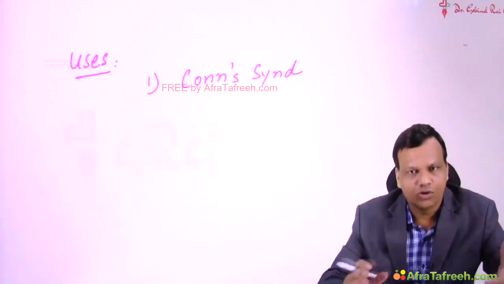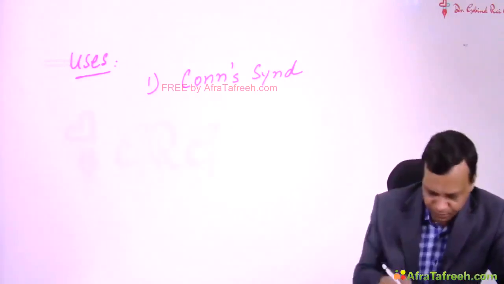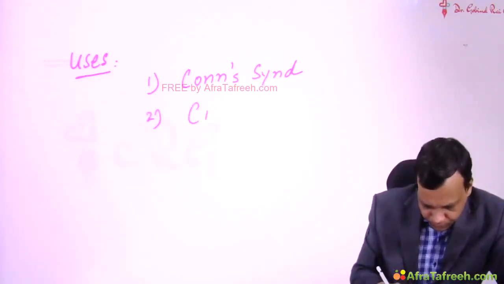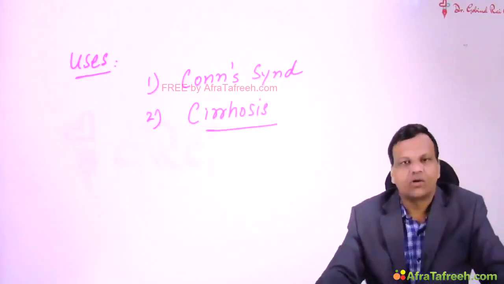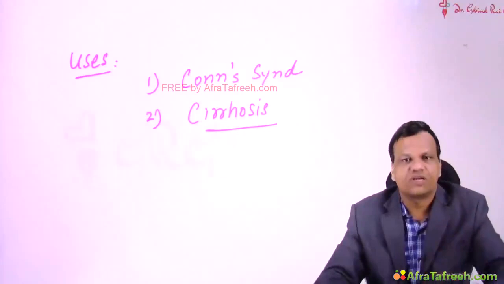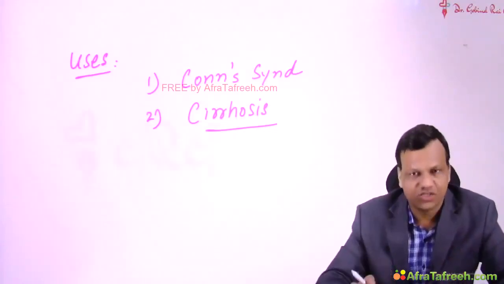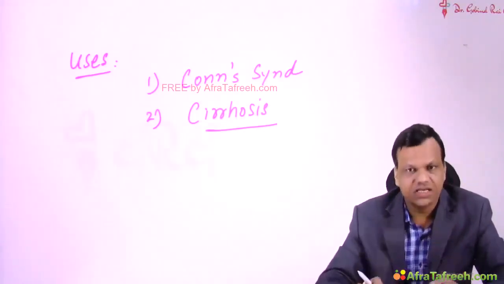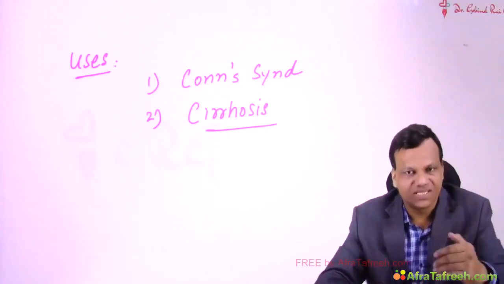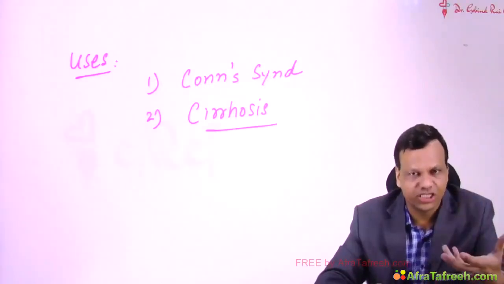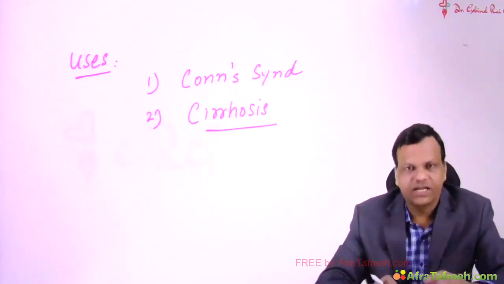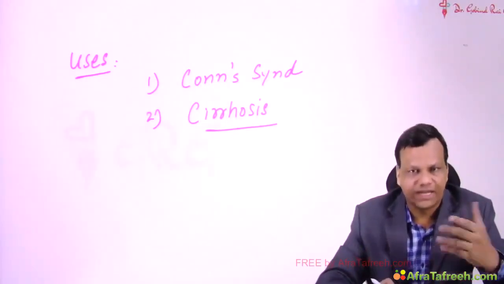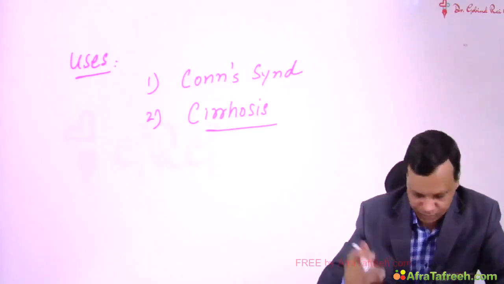So Conn syndrome or Cushing syndrome we can utilize them there. Aldosterone antagonists are the drug of choice for treatment of edema in cirrhosis. The simple reason is in cirrhotic patients there is compensatory increase in aldosterone secretion, so that will retain water which leads to edema. So we can treat it by giving aldosterone antagonists like spironolactone.